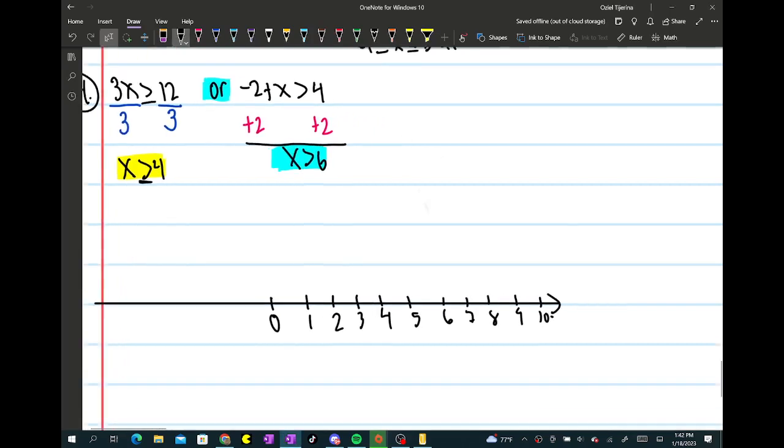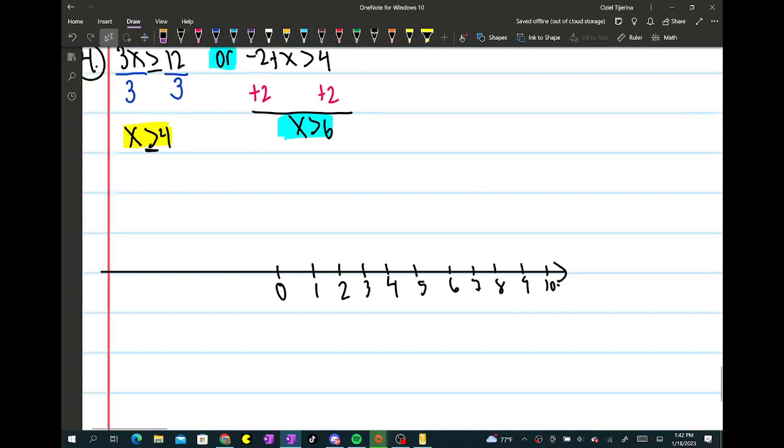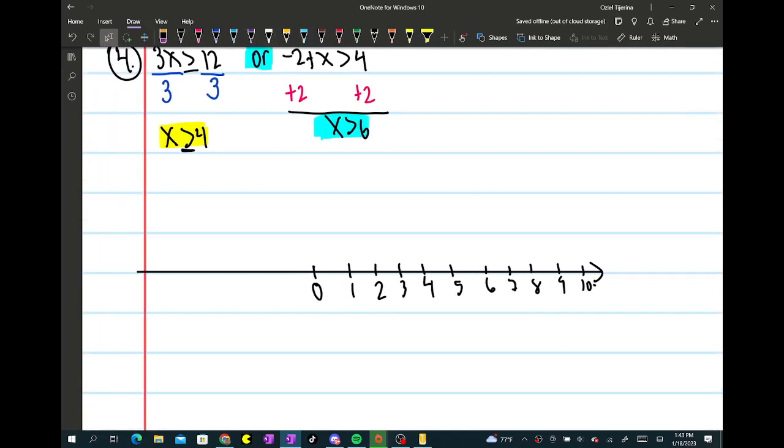If I actually graph both of these, so let's do x is greater than or equal to 4. We have a closed circle at x equals 4, and then I'm going to shade to the right. And then there's also x is greater than 6, which is this one here, and I shade this way, right?